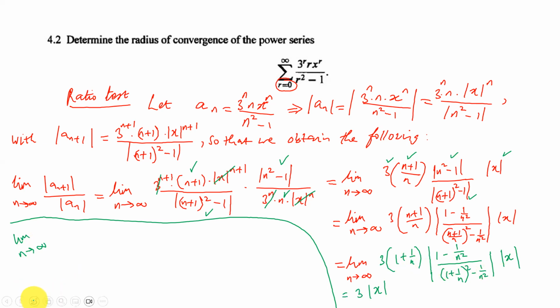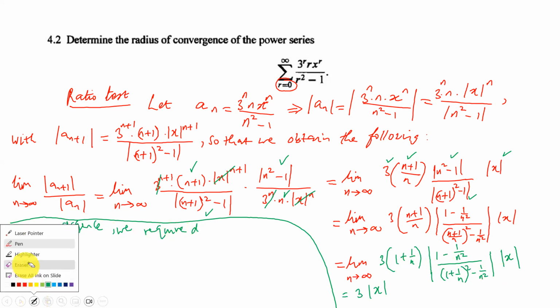Now, what do we obtain out of this? For convergence, what do we require?